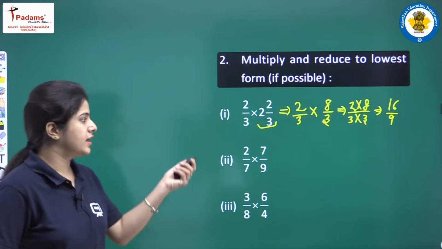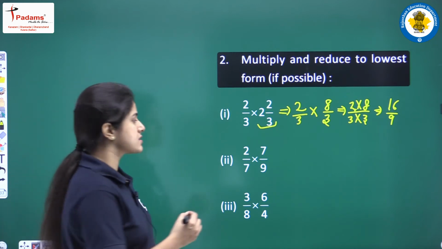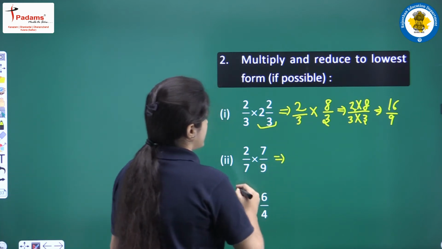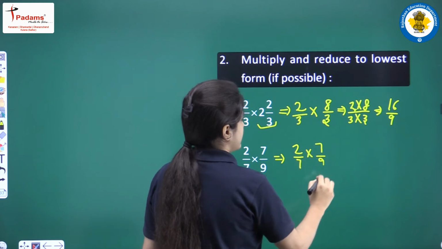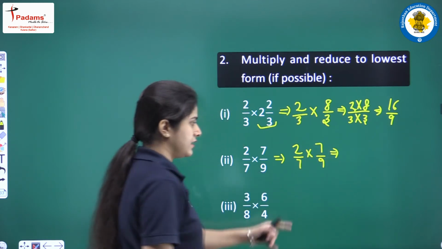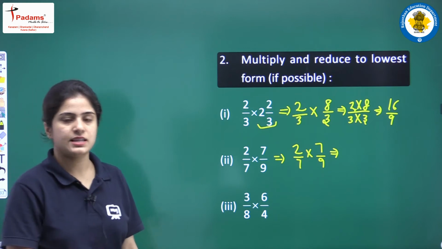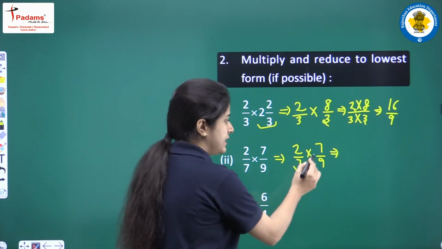Alright students, now we will be discussing the second part. This is 2 upon 7 into 7 upon 9. Students, in the first method you can clearly see this is 7 and this is 7.